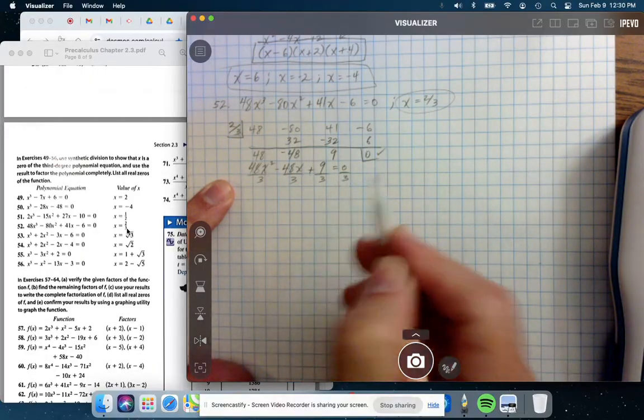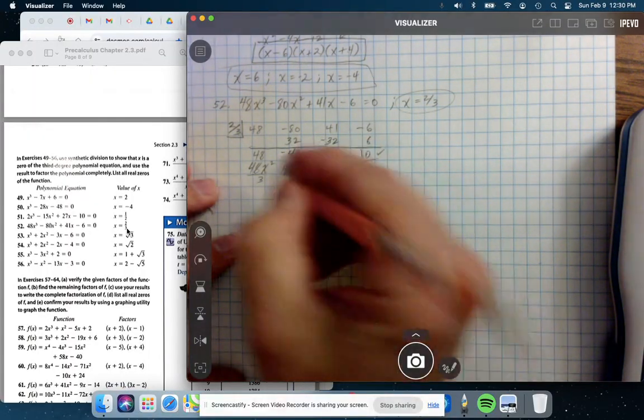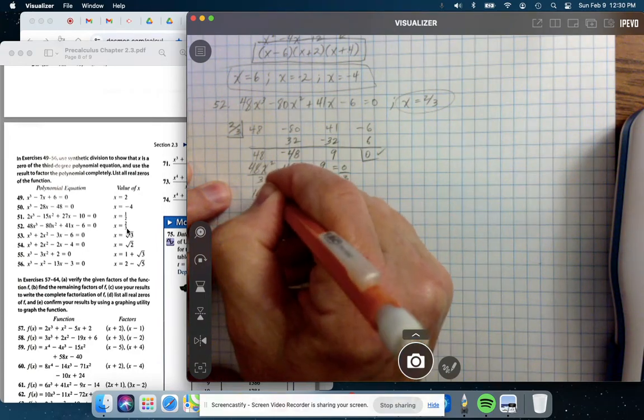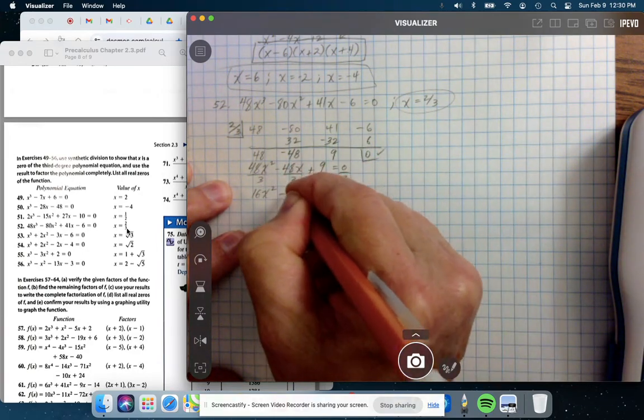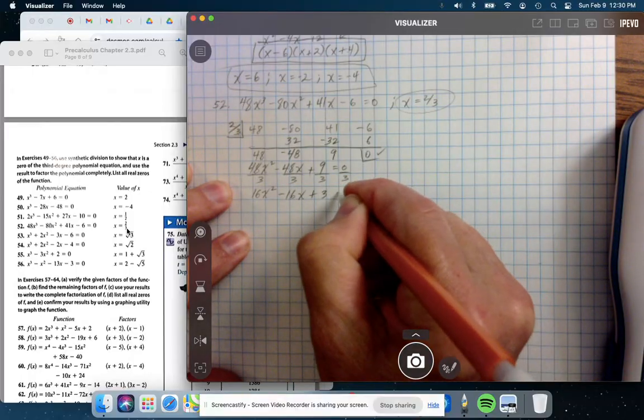And since it's equal to 0, which is what I'm going to want to do anyway, because I'm asked to find the zeros, then you divide everything by 3, and this gives you 16x squared minus 16x plus 3 equals 0.